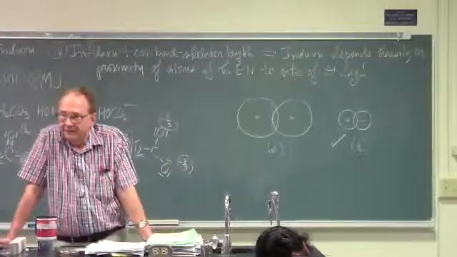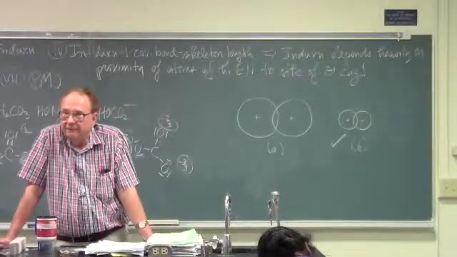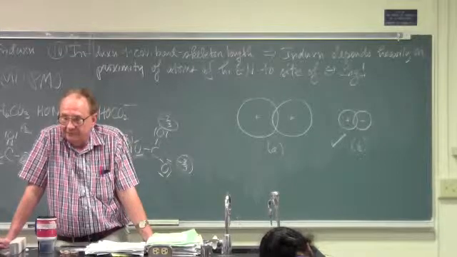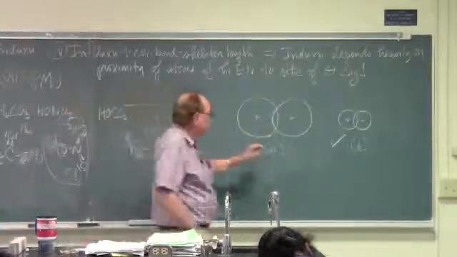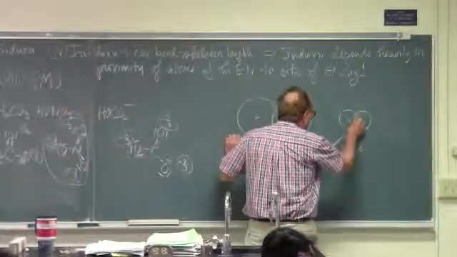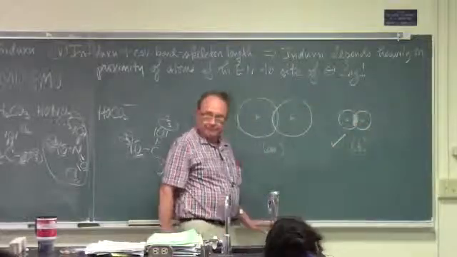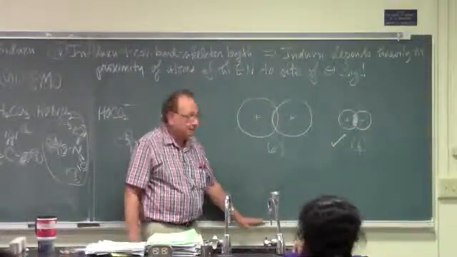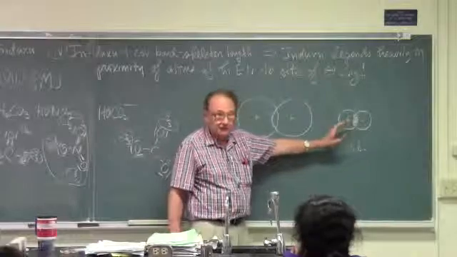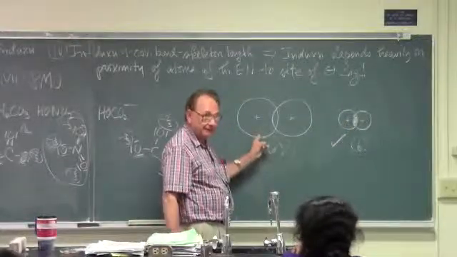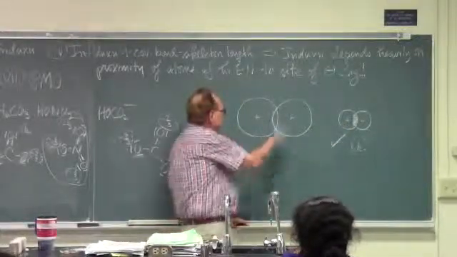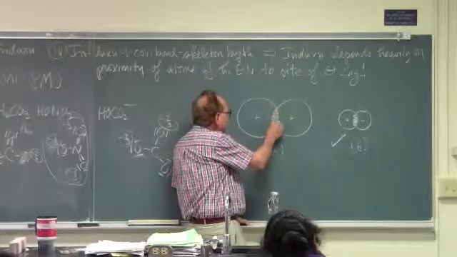Greater percentage of the orbital overlaps. The overlap area. Here's the overlap area. Is a greater percentage of all the orbital space you see than it is here. Are you following me? That's what this maximum overlap means.